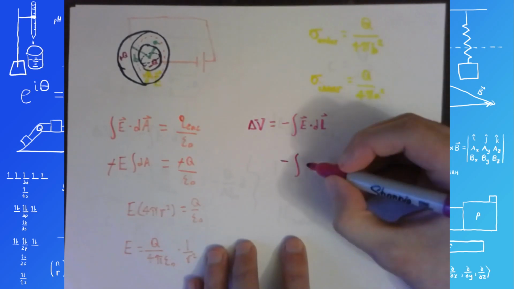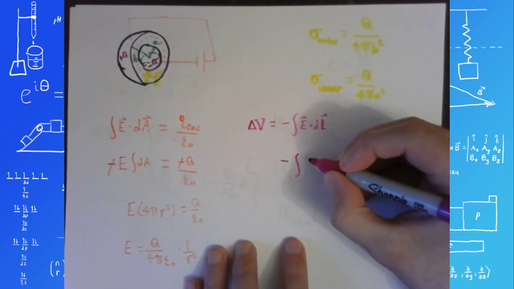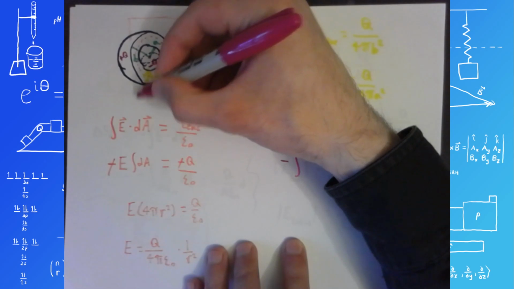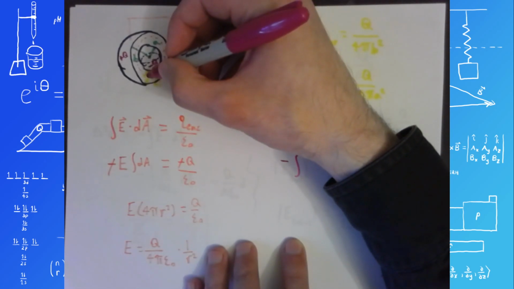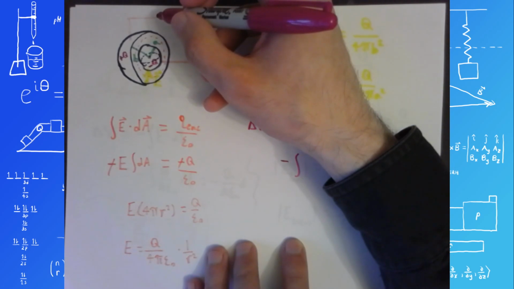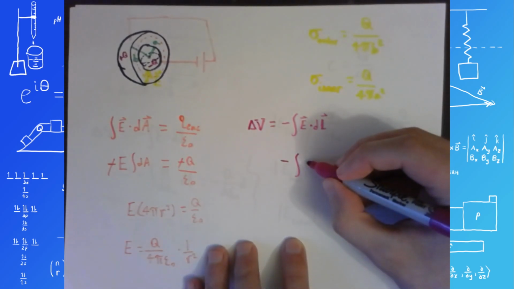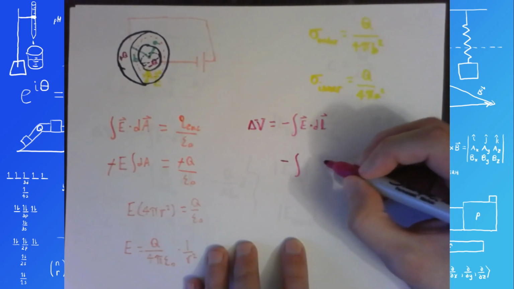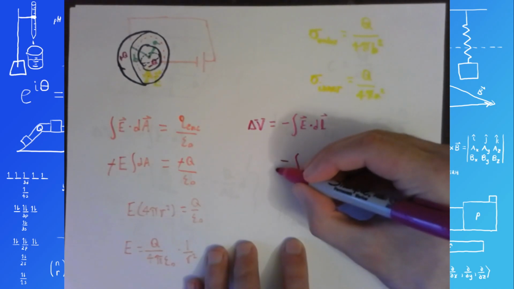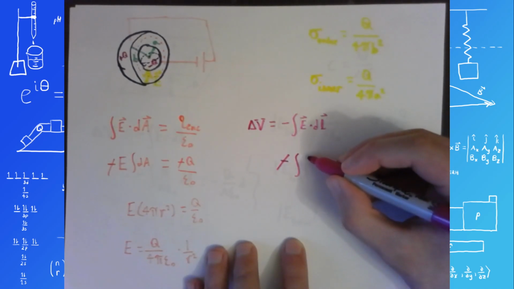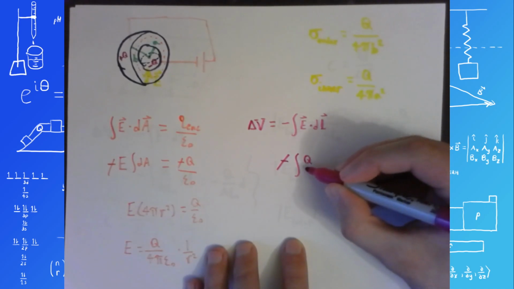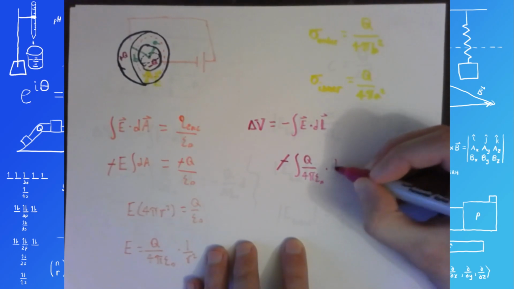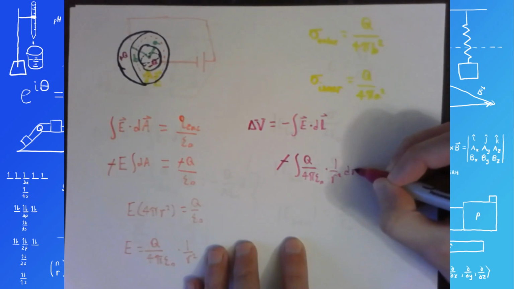Well, hold on, r increases from the center outward, so the direction of dr is outward while the direction of the electric field is inward. So E dot dr gives us E times dr times cosine of 180, so we get another negative sign which cancels with this one, and we're left with Q over 4 pi epsilon naught times 1 over r squared dr.